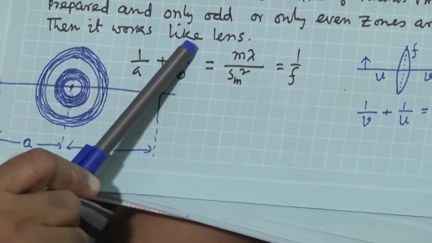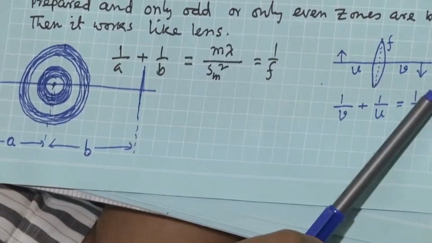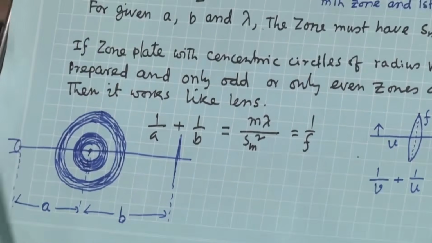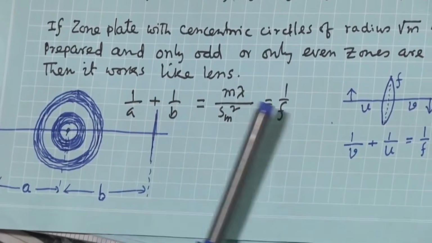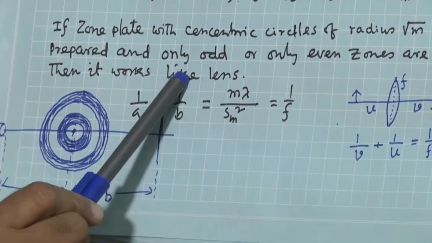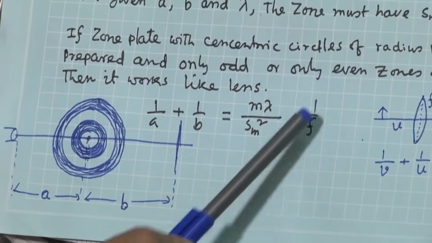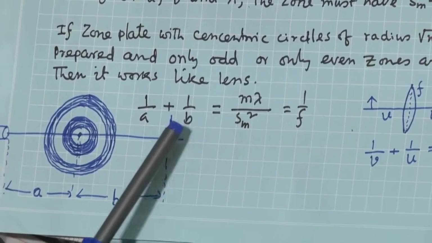So now 1/b is nothing but the distance of the screen, and 1/b will be equal to 1/f.